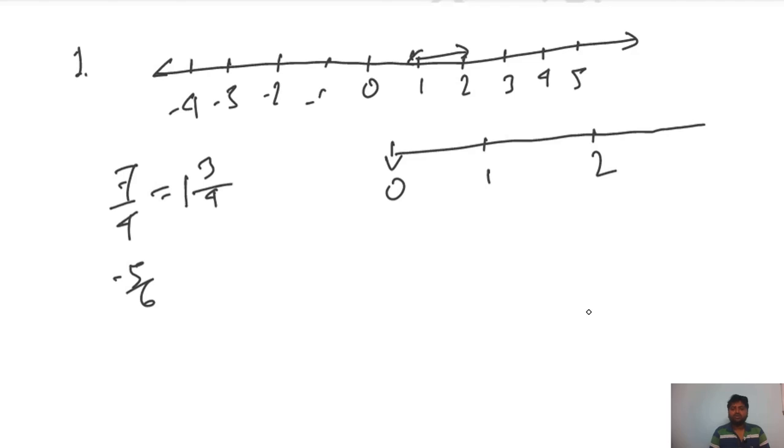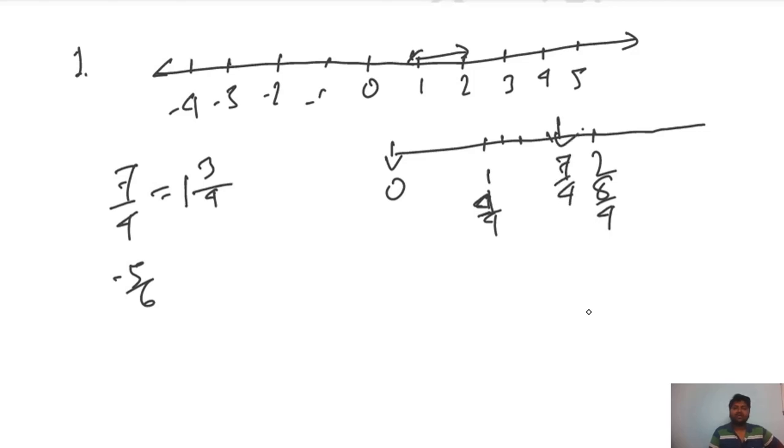Here we have 4 by 4, then 5 by 4, 6 by 4, 7 by 4, and this is 8 by 4. So this point represents 7 by 4.